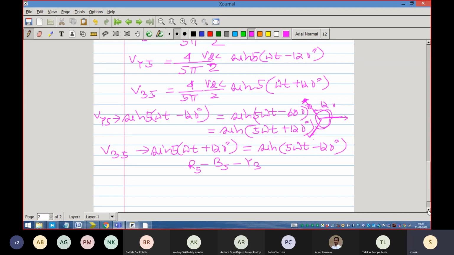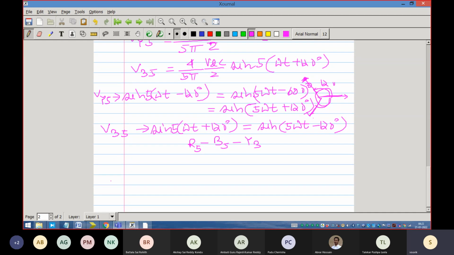You remember that. So let us see then about the seventh harmonic component. What happens to the seventh harmonic component? VR7 is 4 VDC by 2 by 7 pi into sine of 7 omega t, the first one.